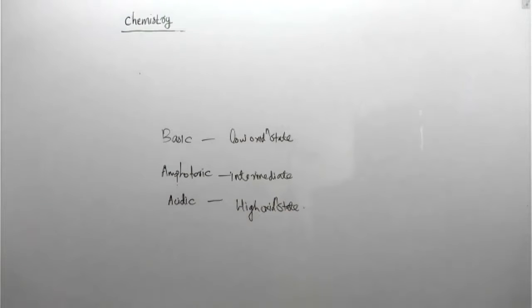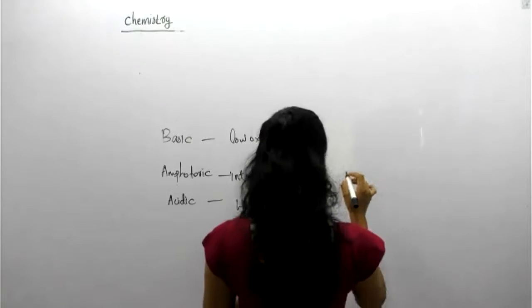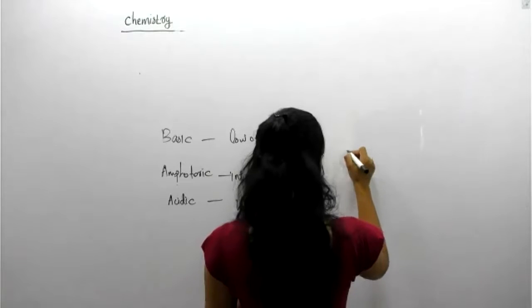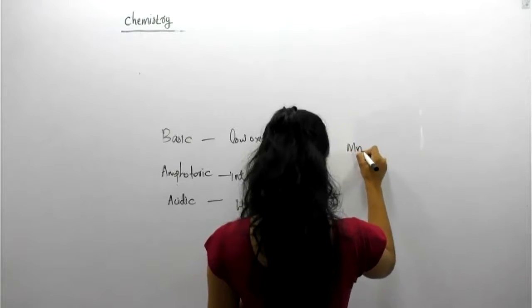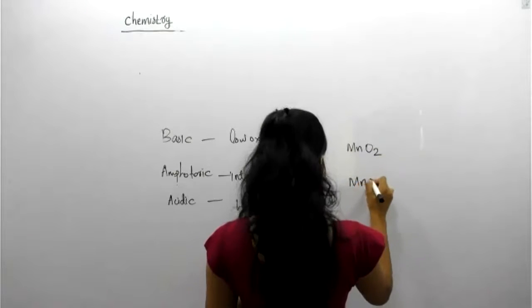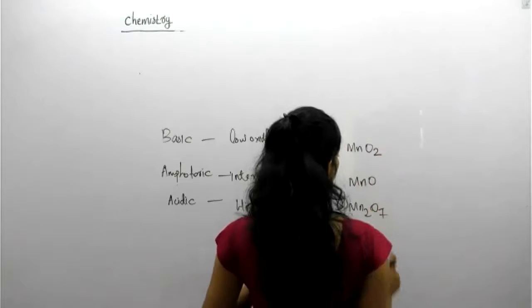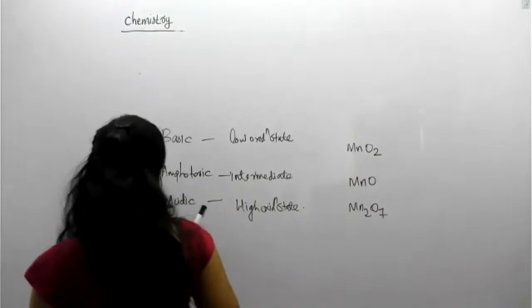So we can check this. I will give you one set. This is a problem for you. I am providing you some set, then you have to match. MnO2, MnO, Mn2O7. Can you match the following?